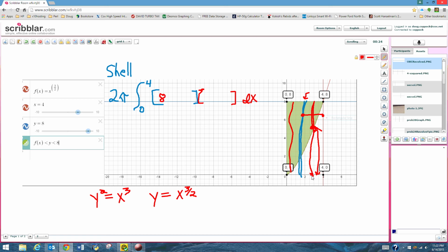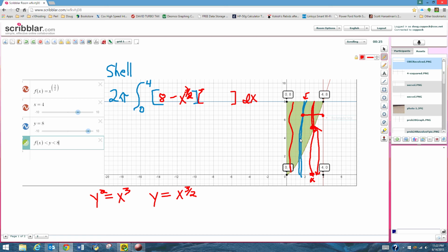Now the question is, what is the distance that we want to take away from that entire distance to leave us the height of the shell? And in terms of x, this y distance, for every x coordinate here, if I raise that x coordinate to the 3/2 power, I will get this distance right here. So if I take away x to the 3/2 from 8, I will have the height of the shell.